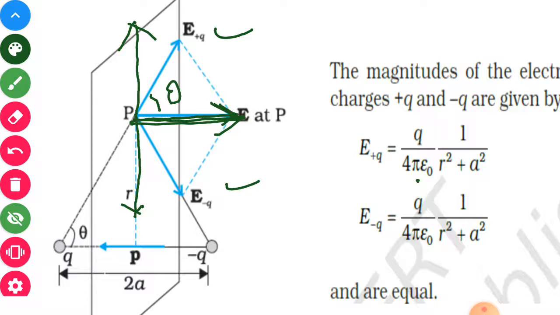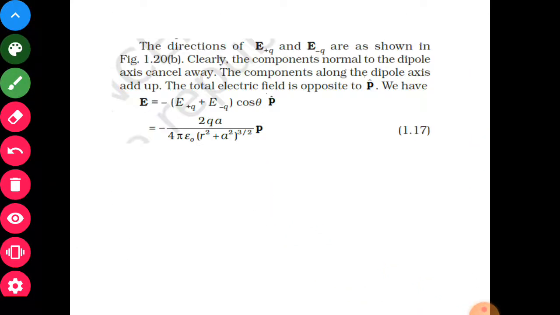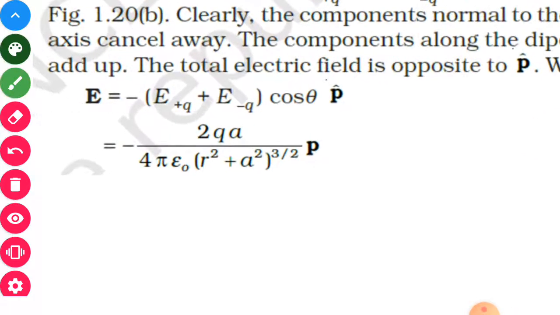So these two components, E plus Q cos theta and E minus Q cos theta, are added because they are in the left to right direction, that is the same direction. So this is done here. The resultant electric field is found.